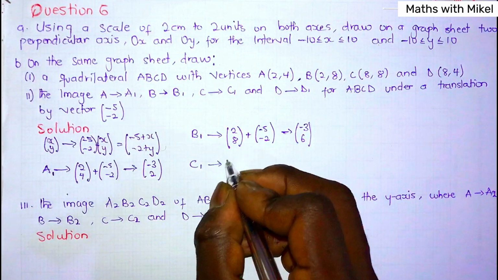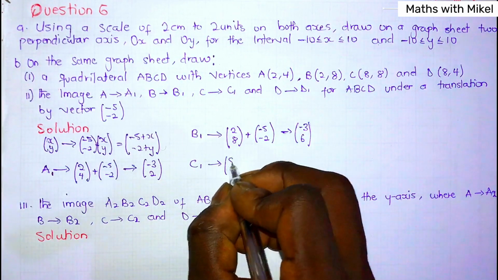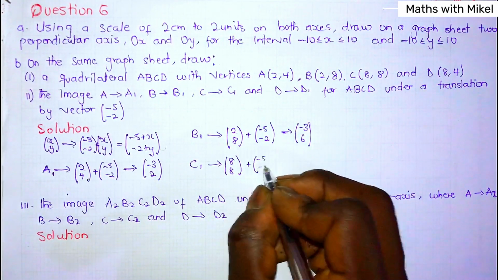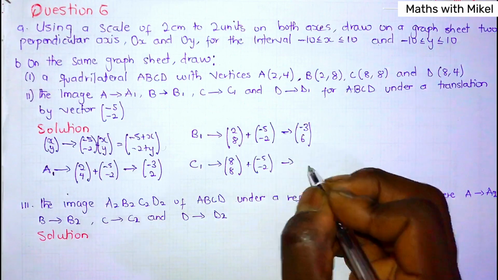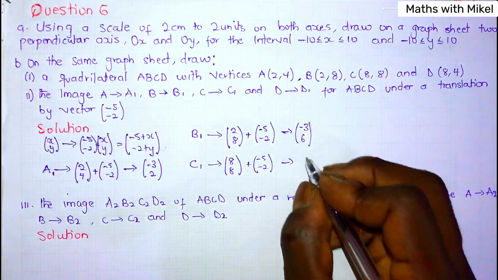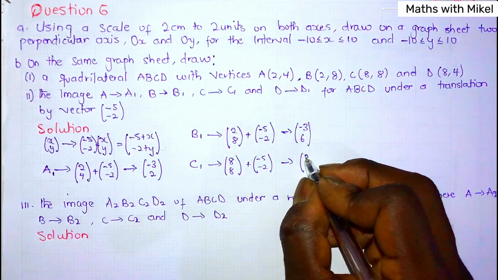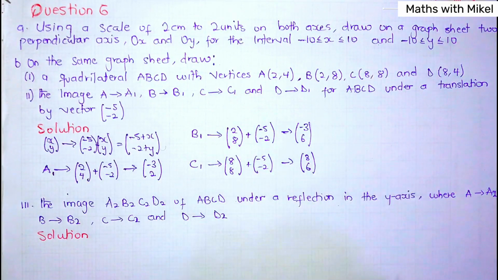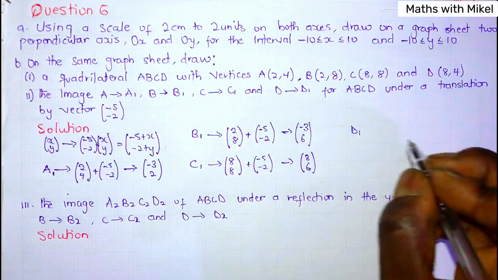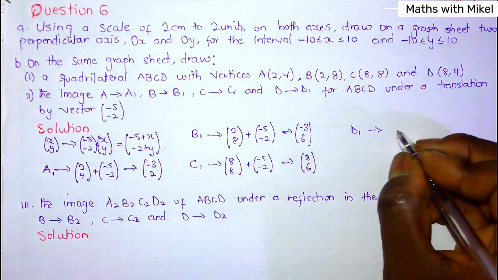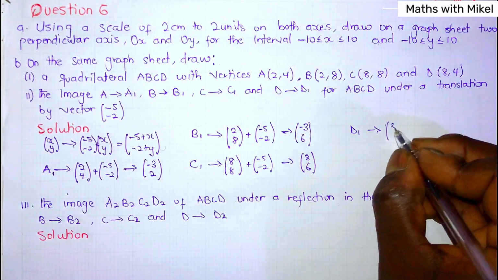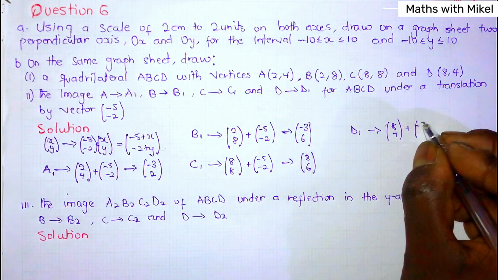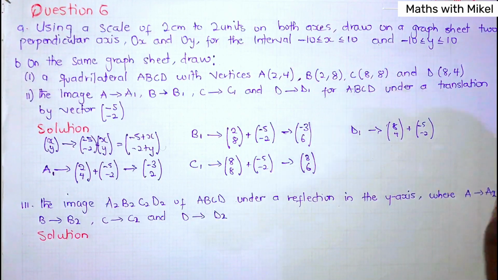C1, our original C is (8, 8). So plus (-5, -2). And C gives us 8 minus 5 is 3 and 6. D1 is giving us the original D is (8, 4) plus (-5, -2).